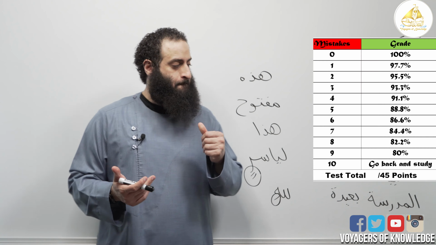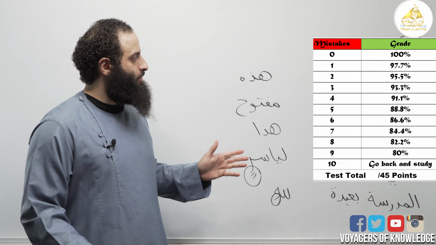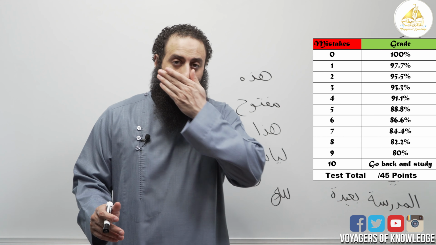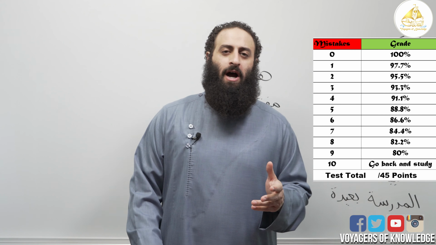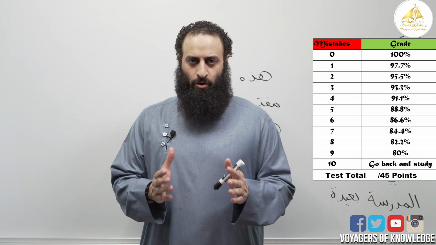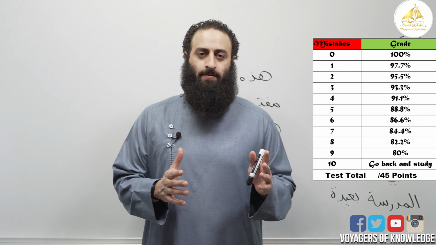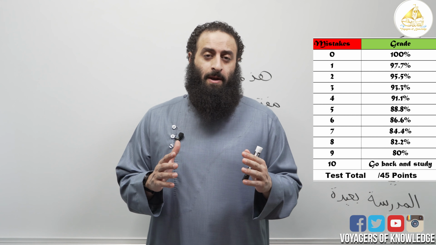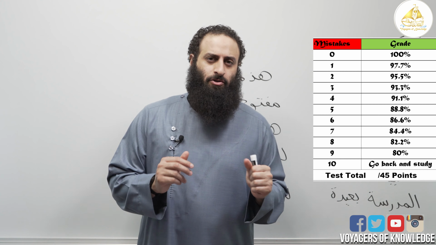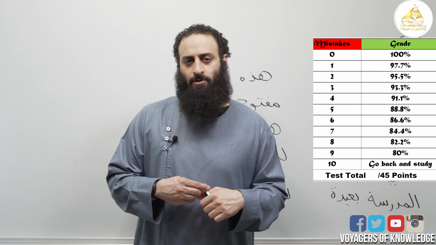So therefore, the entire test would amount to 45 points. Ideally what we want, like we said before, is that you know 85% of the material. So if you can manage to only miss 7 points, you should get around 84% or something like that.